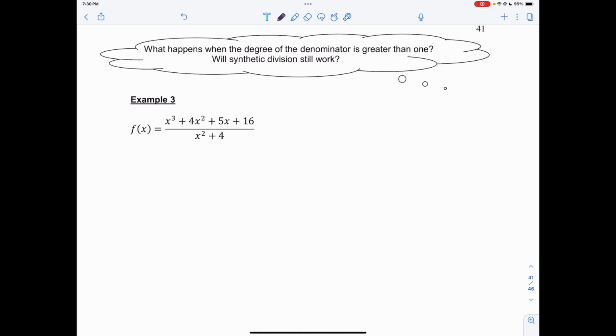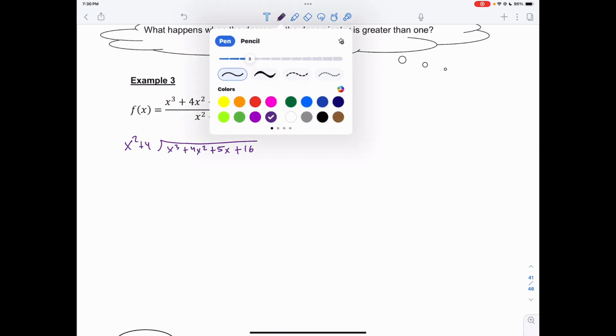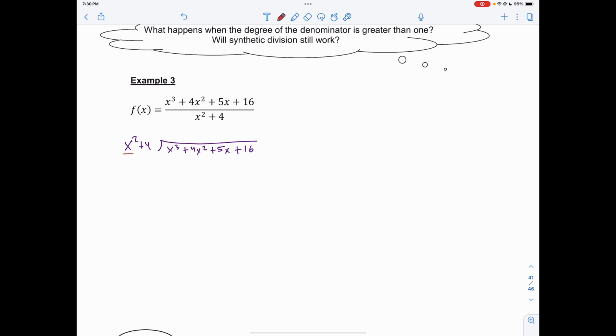We're going to divide it out, and we're going to say that if we're dividing out x squared plus 4 from that numerator, x cubed plus 4x squared plus 5x plus 16, then in order to make that x squared match with the x cubed, I'm going to multiply this by x once, which is going to give me x squared times x gives me x cubed, and the 4 times x is going to give me 4x. Remember that I can only combine like terms.